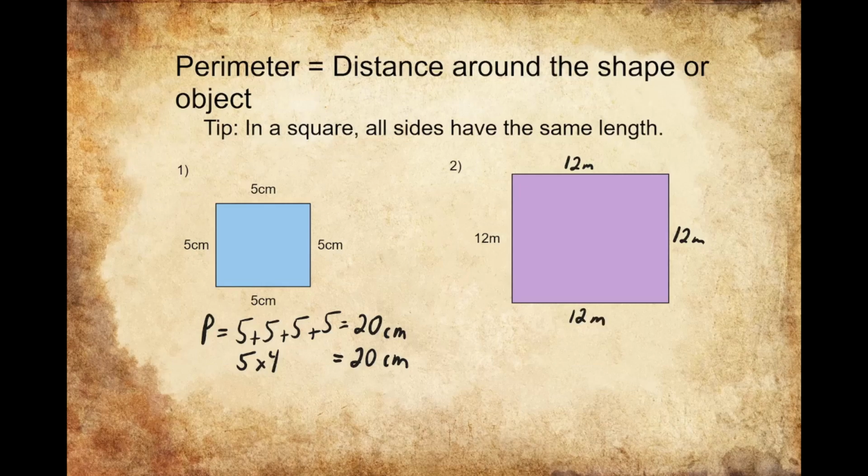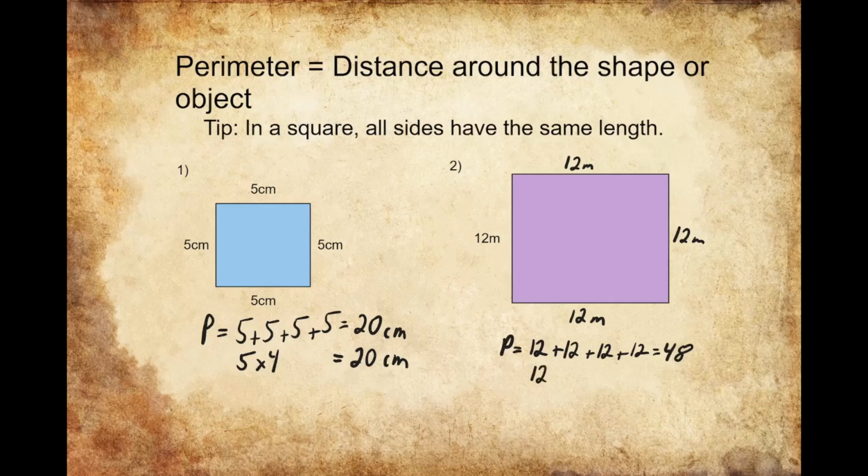You'll remember from earlier that we can add all these sides together in order to get the perimeter. So 12 plus 12 plus 12 plus 12 is going to give us an answer of 48. Again, another strategy is to multiply the length by the number of sides in this square, because they all have the same length.